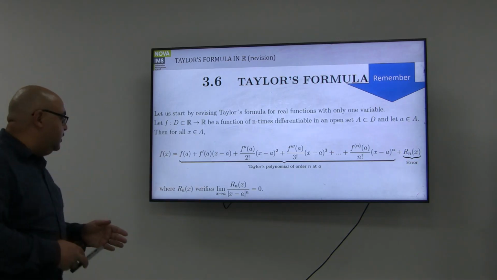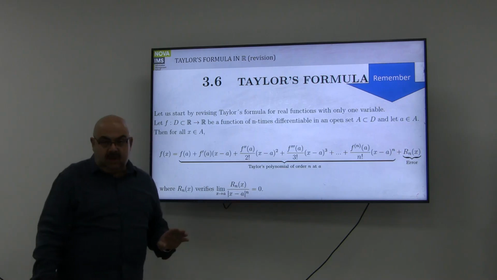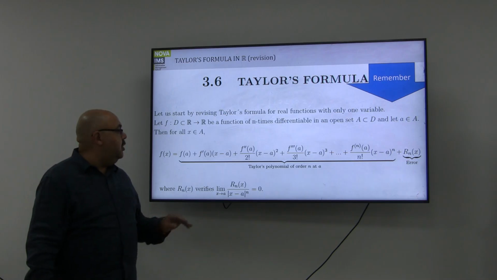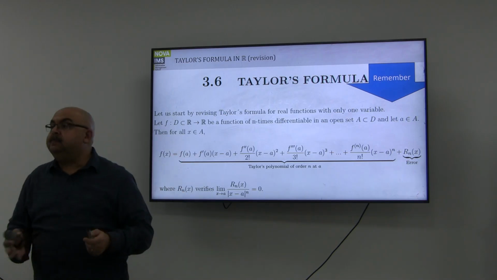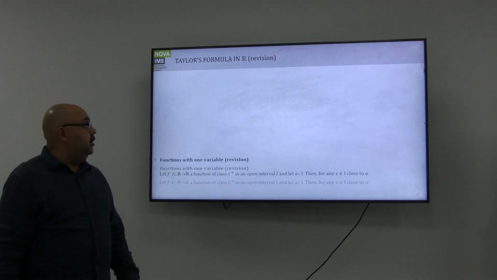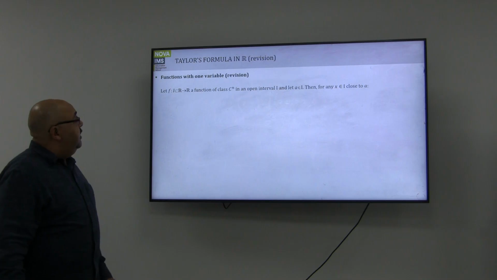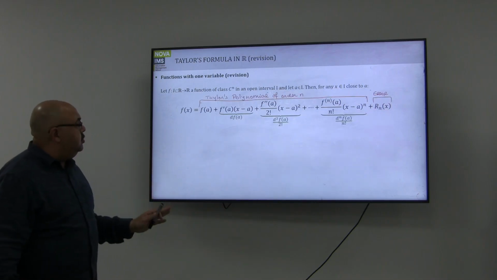So it's really very simple: the limit as x tends to a of Rn of x divided by x minus a to the power of n is equal to 0. Once it's equal to 0, I can approximate f, and they are going to be the same exact values or very close to each other. Okay, functions with one variable. This is the law, as you can see.